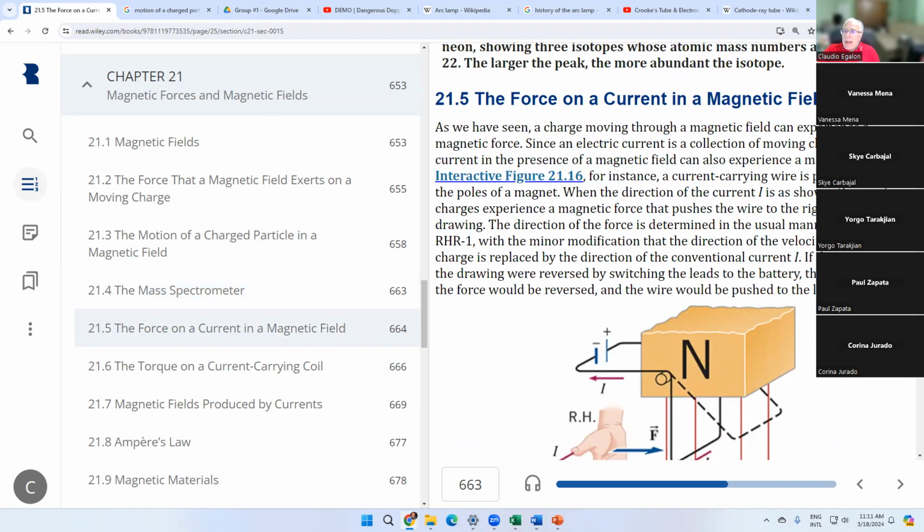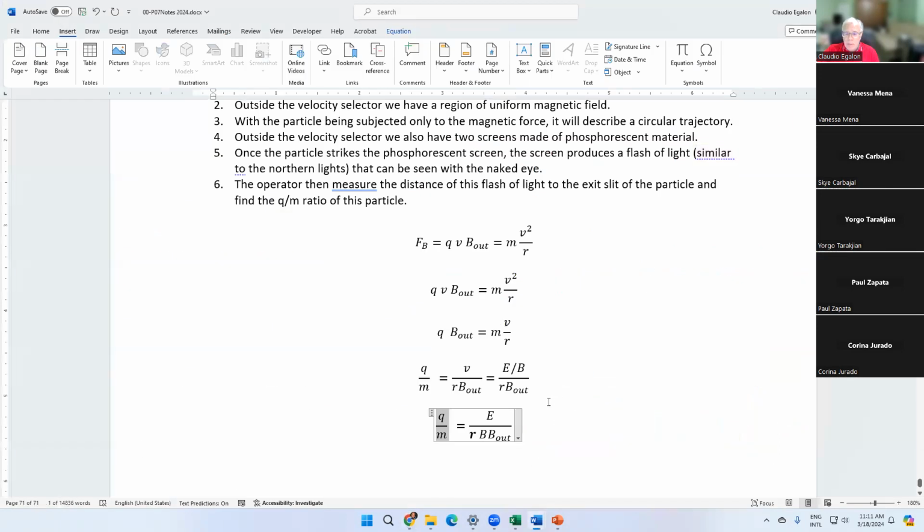And that's what we have all the way up to section 21.4.